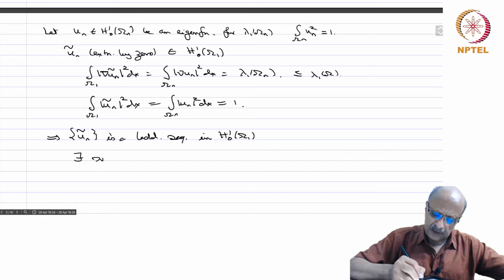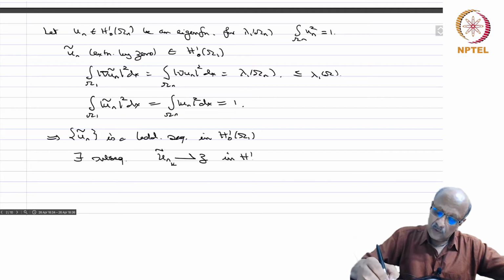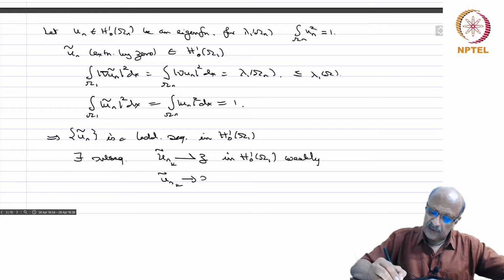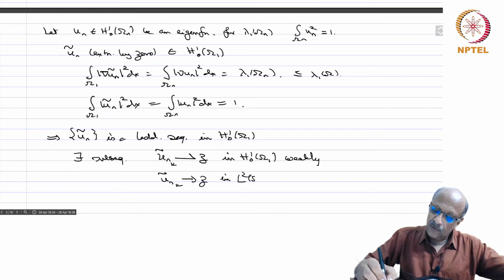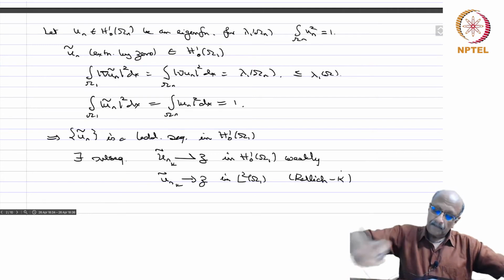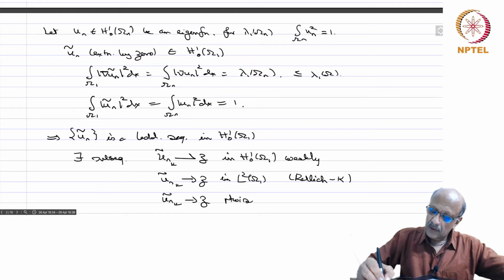Therefore, there exists a subsequence such that u_{n_k} tilde converges to some z in H^1_0 of Omega_1 weakly, and therefore by the Rellich theorem it converges to z in L2 of Omega_1. For a further subsequence, which we choose as the subsequence in question, u_{n_k} tilde converges to z pointwise almost everywhere.